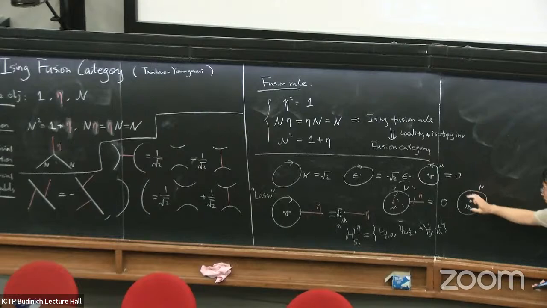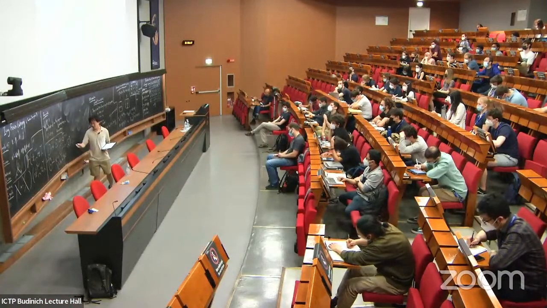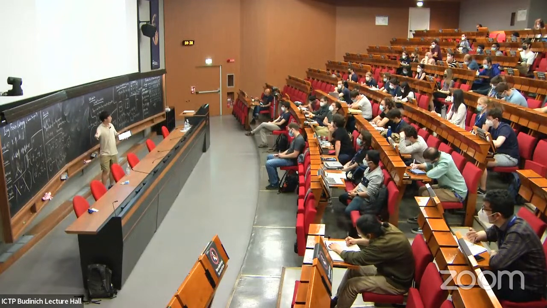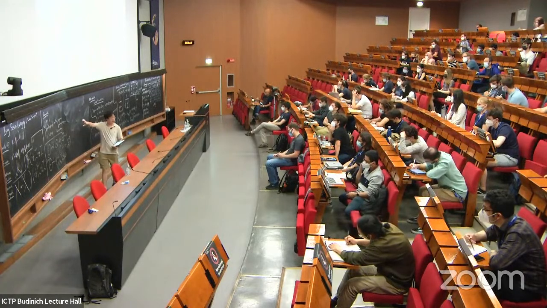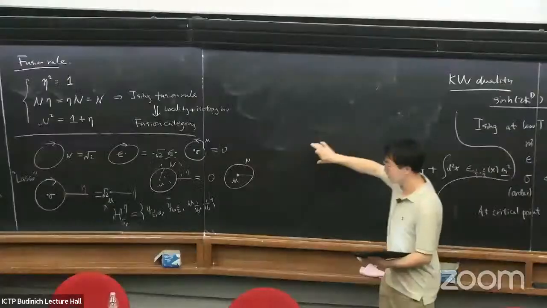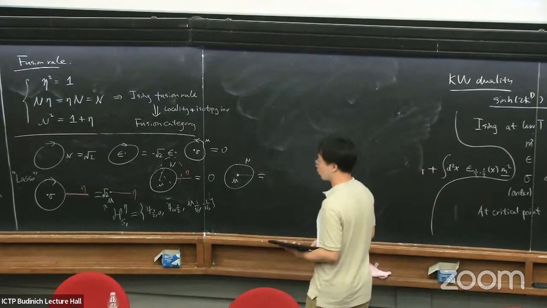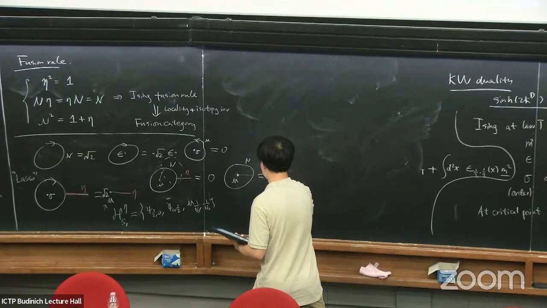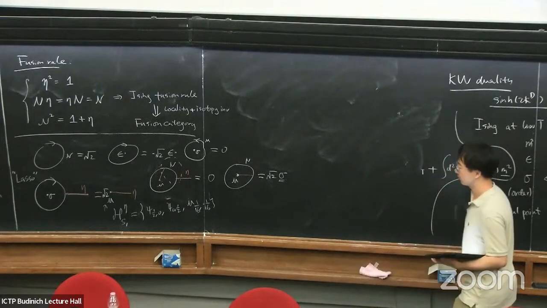What this diagram means is a map induced by the topological defect line from the Hilbert space twisted by eta into the Hilbert space without twist. Because when you shrink it, there's no dangling line defect, this better produce a state in the Hilbert space without twist. And what you find is that you indeed recover this operator, the spin operator.